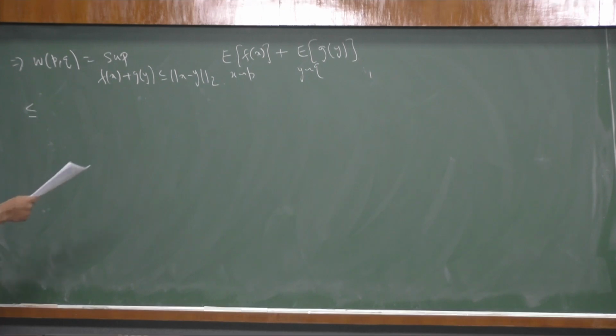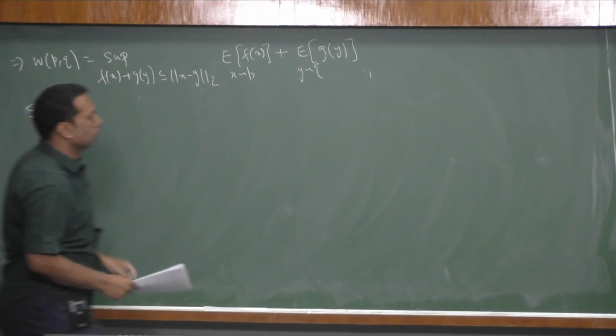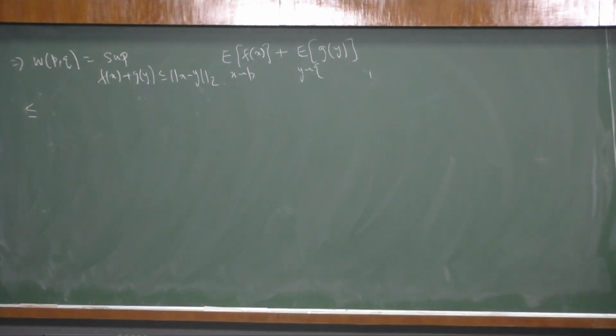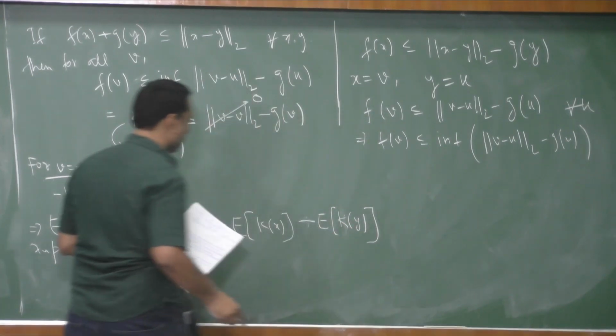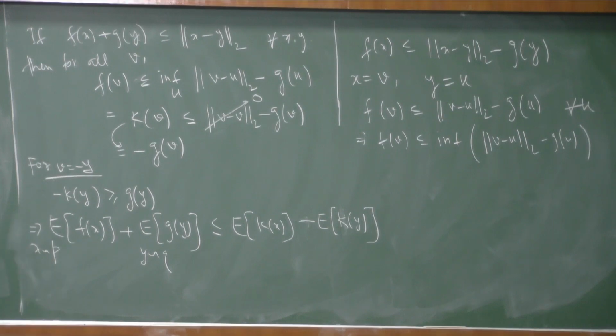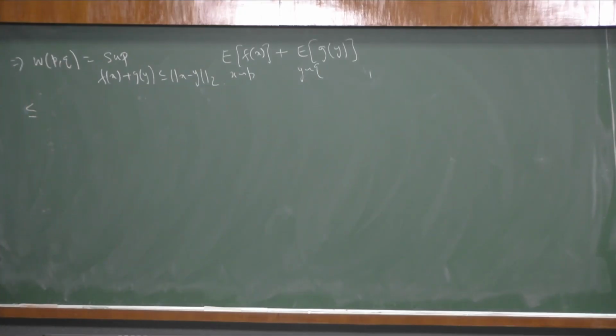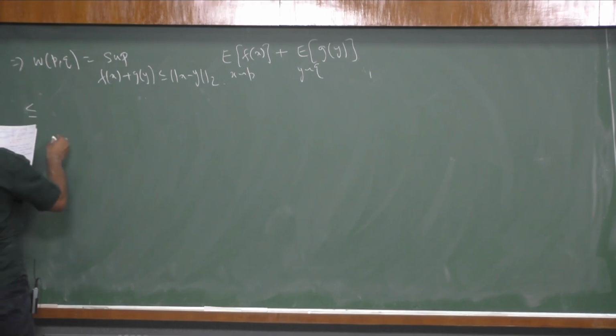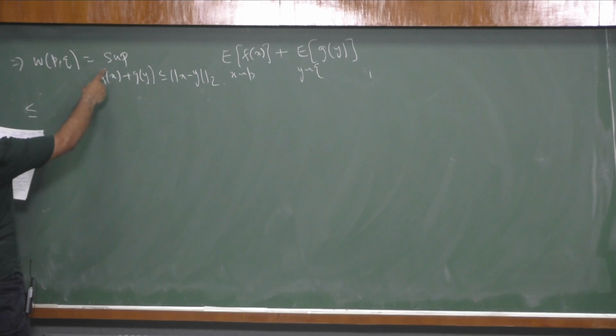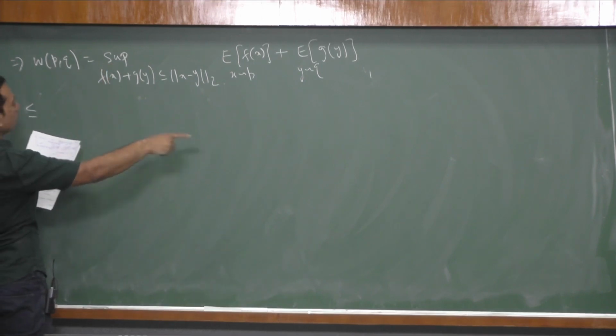So what we have seen from there is that the expectation of fx plus gy is less than or equal to the expectation of kx minus ky, where k is one Lipschitz, right? So this is less than or equal to. Since I am taking the supremum, I can take the supremum on both sides as well.